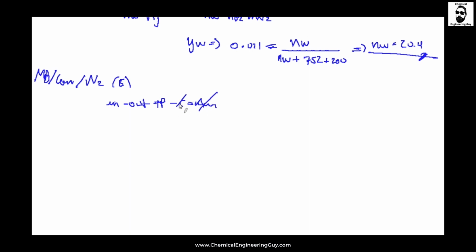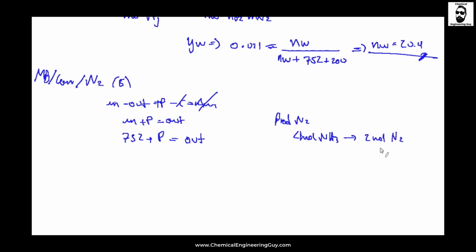Now accumulation is zero, then inlet plus production equals outlet. The inlet is 752 plus the production, we need to check that, guys, will give me the outlet. For the production of nitrogen, I'm going to use stoichiometry. So 4 moles of NH3 will give me 2 moles of N2.